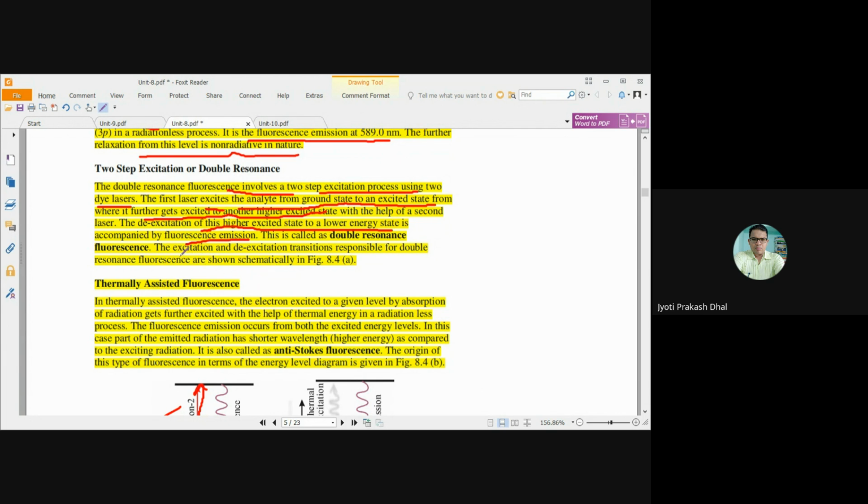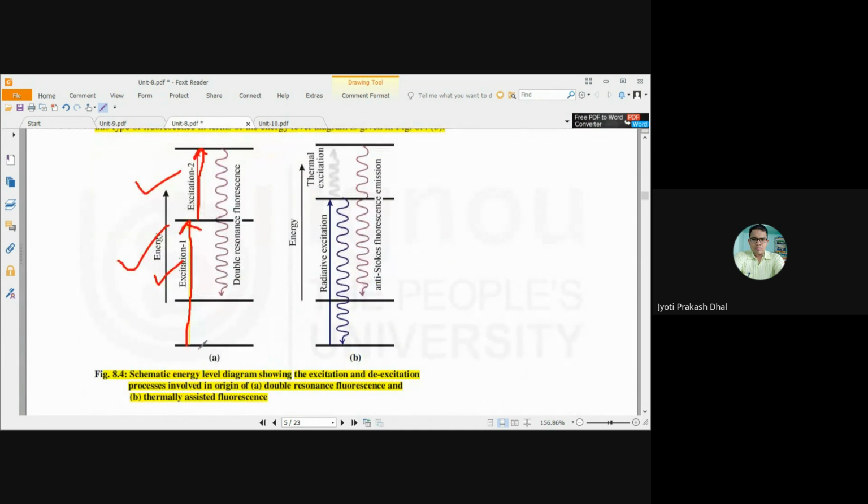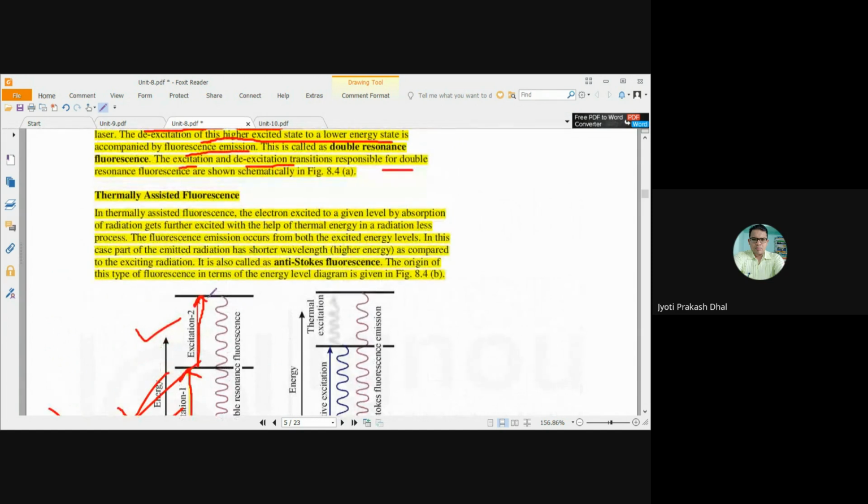The excitation and de-excitation transitions responsible for double resonance fluorescence are shown in figure 8.4a, so that can be explained by this figure. Now coming to another type of fluorescence, called thermally assisted fluorescence.